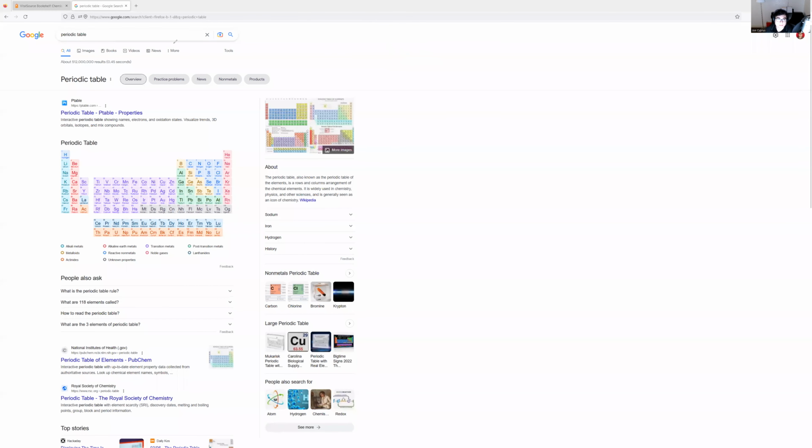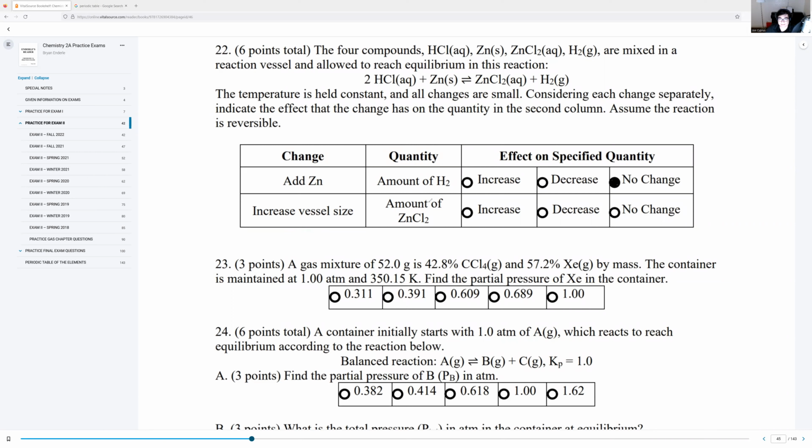The reason Le Chatelier's principle doesn't apply is it's based off the equilibrium constant, and solids and liquids don't affect the equilibrium constant. So adding zinc changes nothing. Next, it says increase the vessel size. So if you increase the vessel size, the volume is increasing.